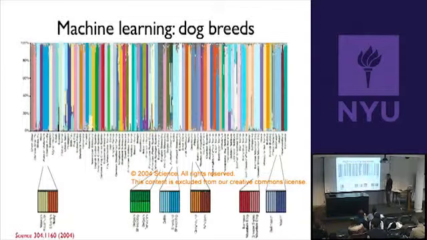The other thing that's really interesting is some of the breeds that were used are really closely related to each other, okay? So like the Alaskan Malamute and the Siberian Husky are very, very similar dogs, but they're classified perfectly. 100% of the time, if it's Alaskan Malamute DNA, then the computer says it's an Alaskan Malamute, and 100% of the time, if it's Siberian Husky DNA, it says it's Siberian Husky.